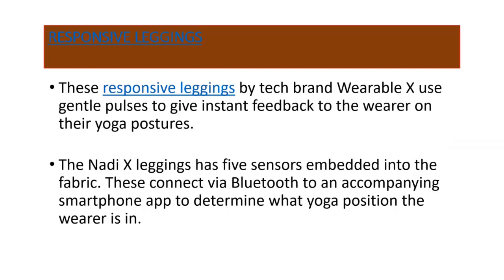The second example of embedded technologies is responsive leggings. These responsive leggings by tech brand Wearable X use gentle pulses to give instant feedback to the wearer on their yoga postures. The Nadi X leggings have 5 sensors embedded into the fabric. These connect via Bluetooth to an accompanying smartphone app to determine what yoga position the wearer is in.